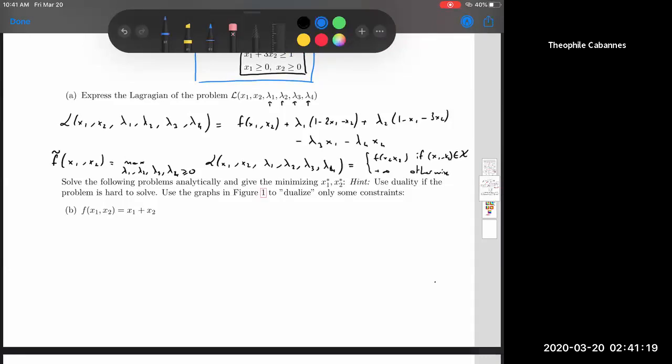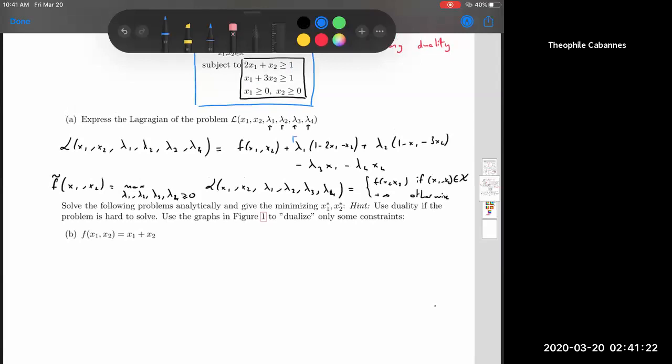So something you know is that at the optimal point, you need your Lagrangian to be equal to your function. So this should be equal to the Lagrangian at optimum point. And you also know that those things that we add to the Lagrangian are greater than 0 if x1, x2 are feasible and lambda 1 is greater than 0.